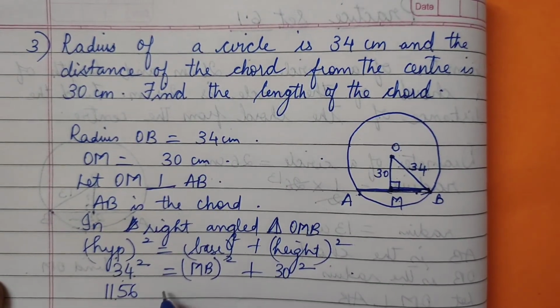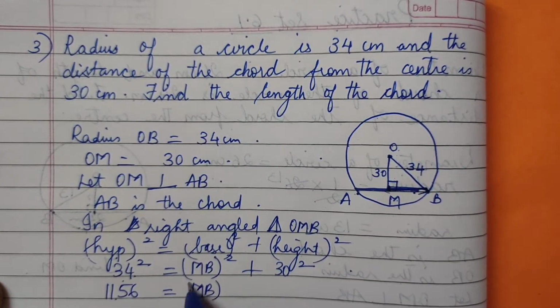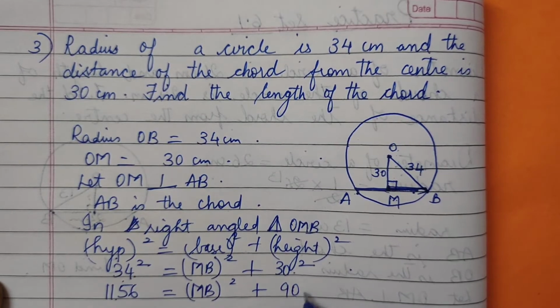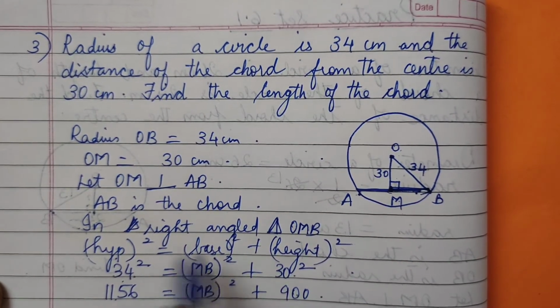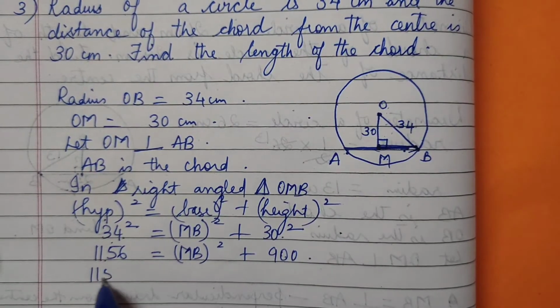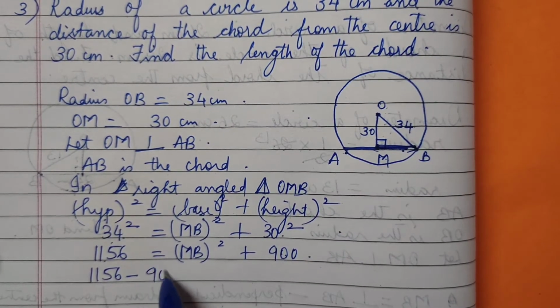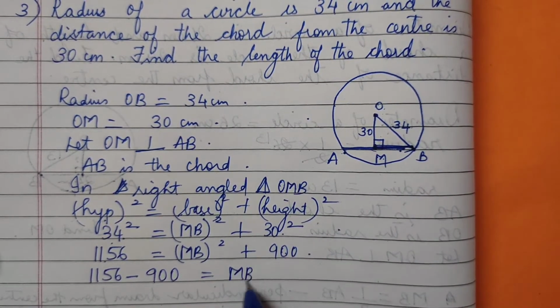That is 1156 equals MB square plus 30 square, which is 900. I'll take this 900 to the other side, so it becomes a subtraction sign.